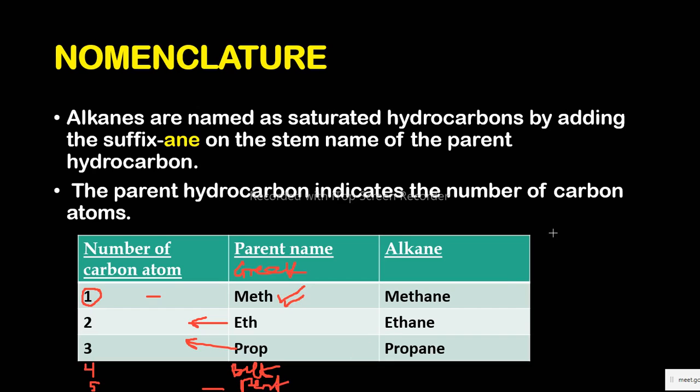What is six? Six is hex. Good. What is seven? Seven is hept. That's brilliant. What is eight? Eight is oct.